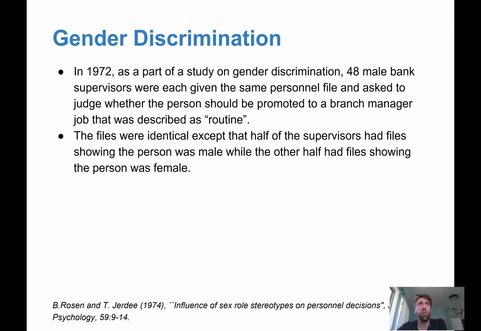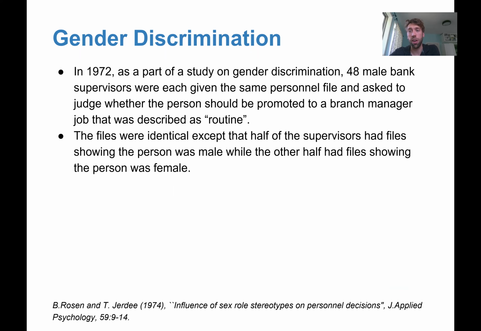Like I said before, it's really hard to do experiments with people, because you can't just assign half your group to be male and half to be female. One way to get around this is to have imaginary people. If you have imaginary people like in this study, then you just assign them: this person's male, this person's female, with identical files.